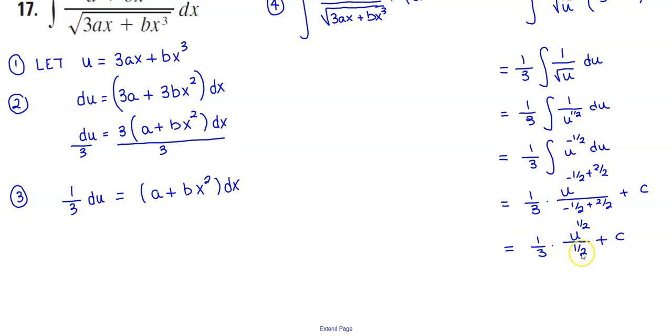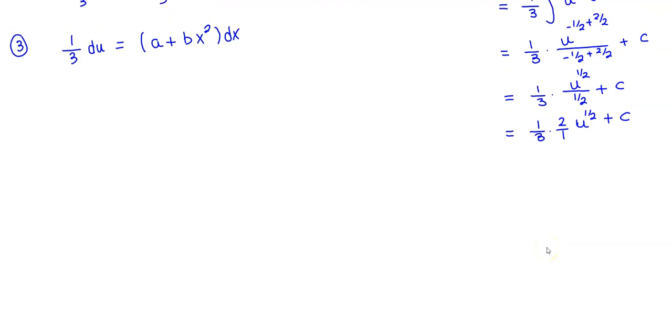So when you have a fraction in the denominator of a fraction, we're going to multiply by the reciprocal of what's in the denominator. So we're going to end up getting 1/3 times the reciprocal of 1/2 in the denominator, which is 2 over 1, times u to the 1/2 plus c.